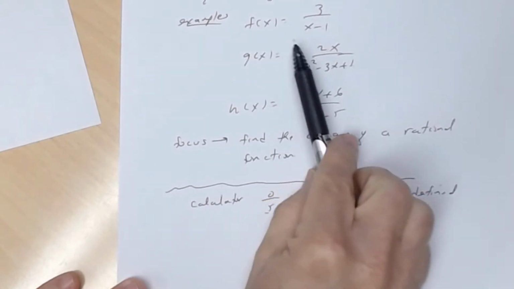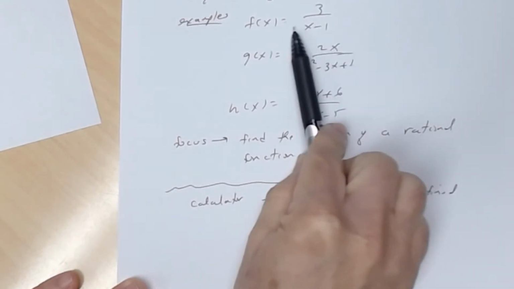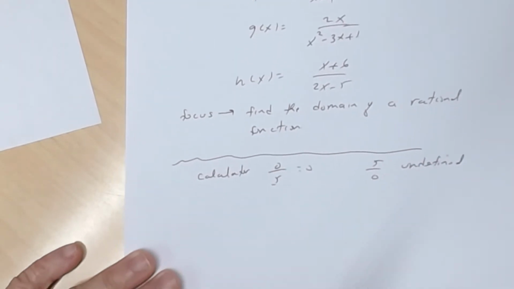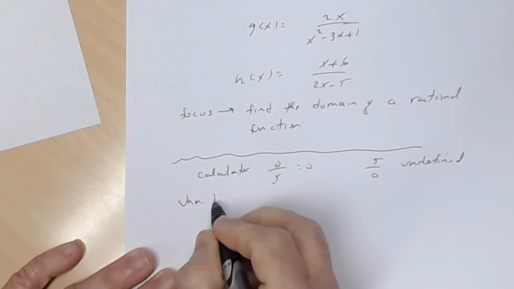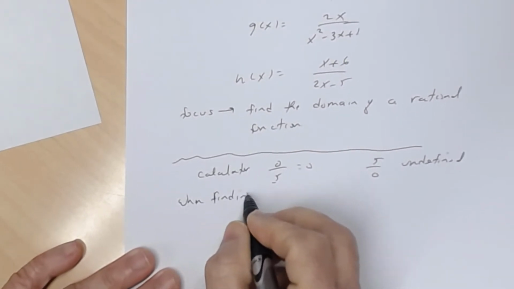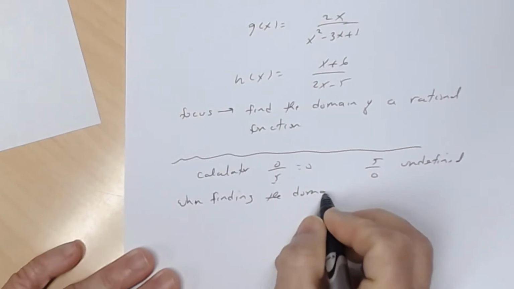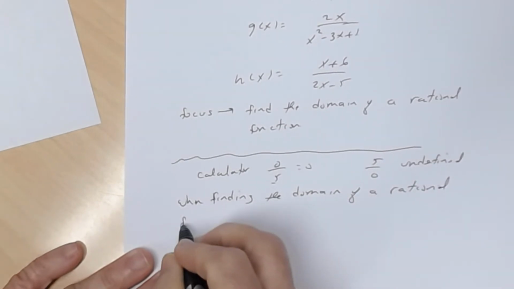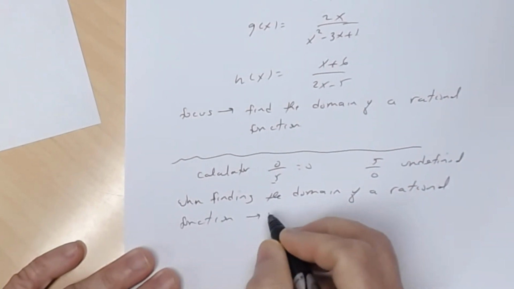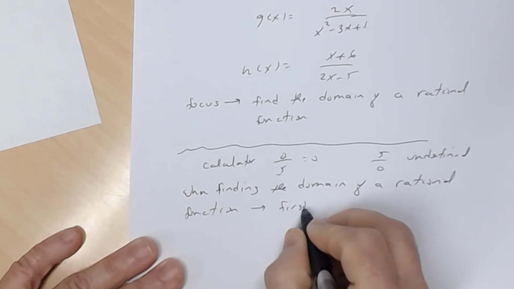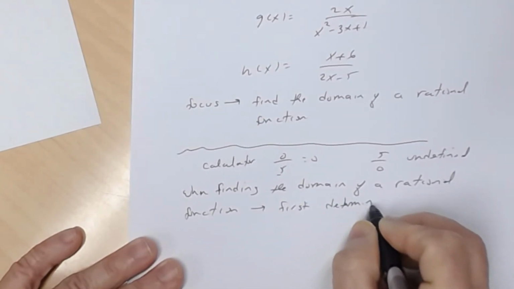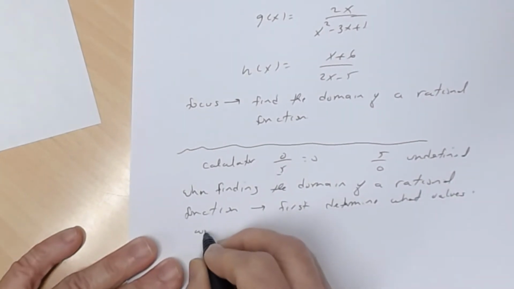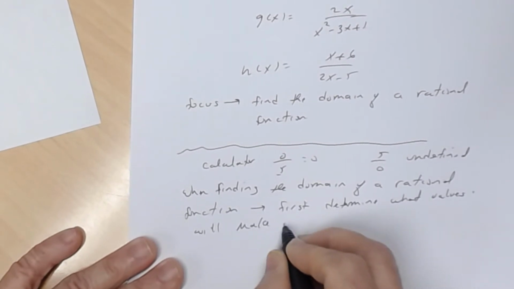So whenever we have a rational function, you have to look to see what makes the denominator 0, because remember, you cannot divide by 0. So when finding the domain of a rational function, you need to first determine what values will make the denominator 0.